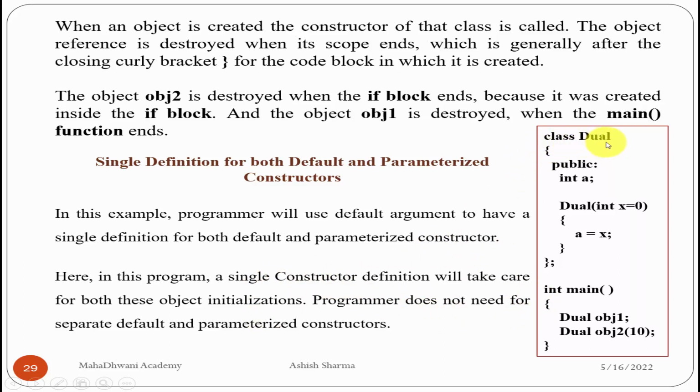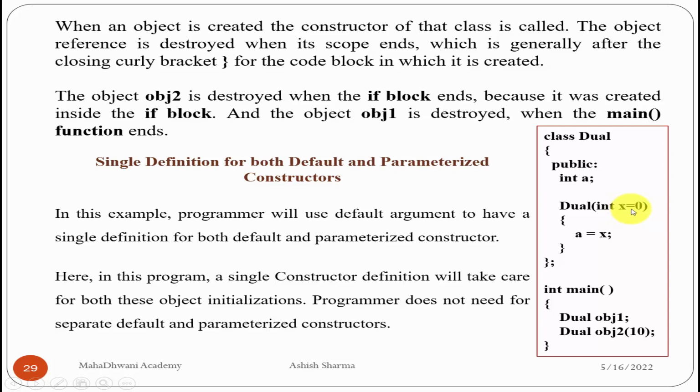Class dual. In this class we have a public section. Here we write a data member of integer type, a, and the constructor dual(int x = 0). a is a data member initialized by the value x. So you can see we have given one fixed value, 0.